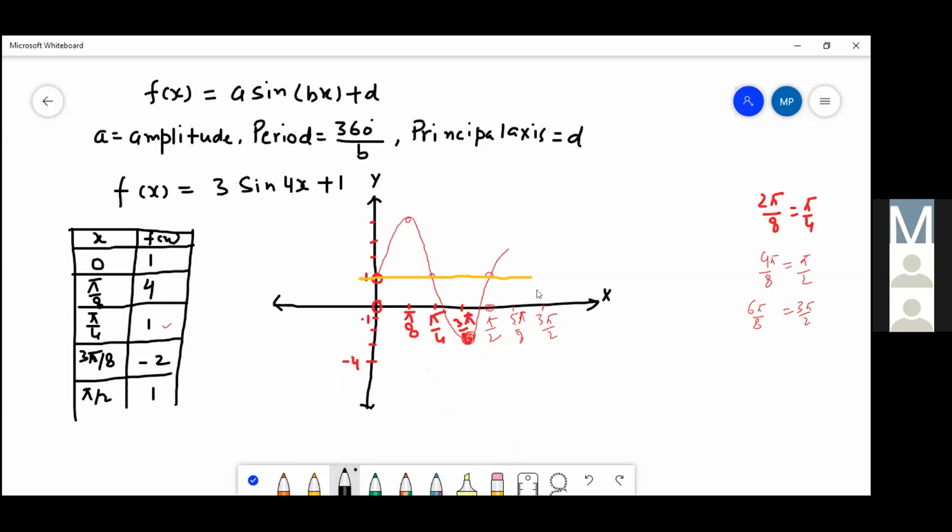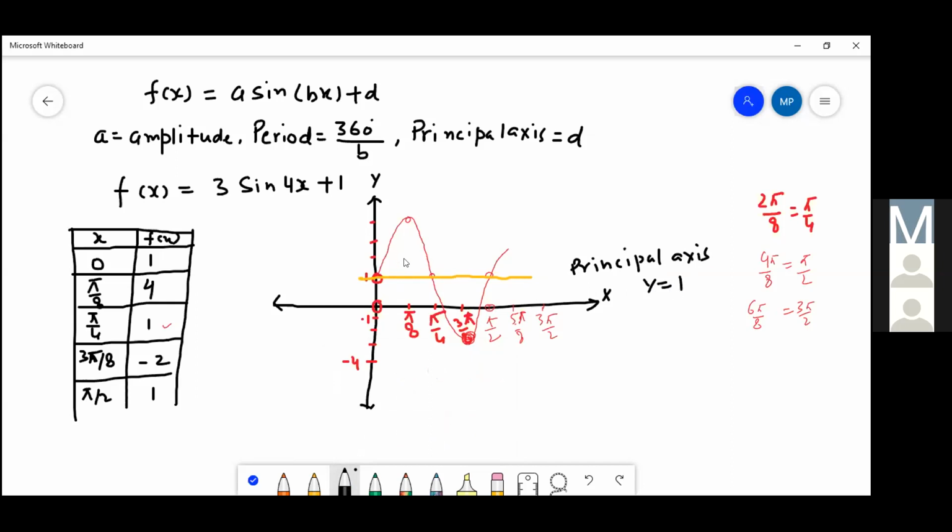You can read the value here, 1. So principal axis equals y equals 1.